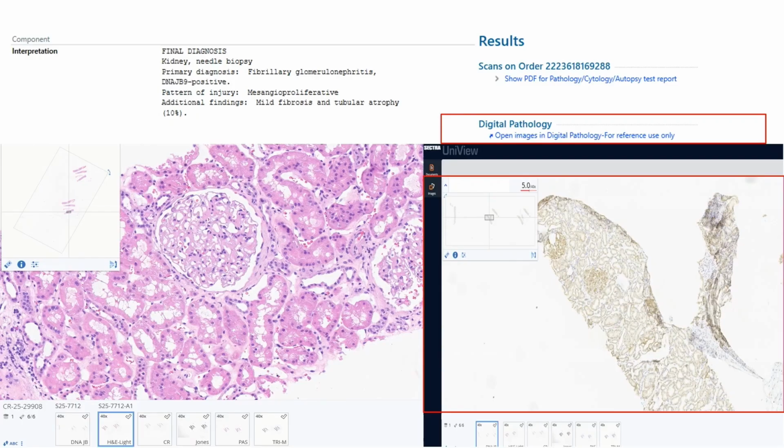But now you can see that you click on the open digital pathology tab, and you can see the biopsy.